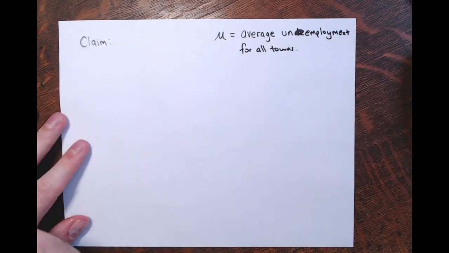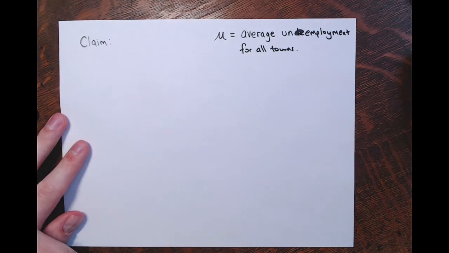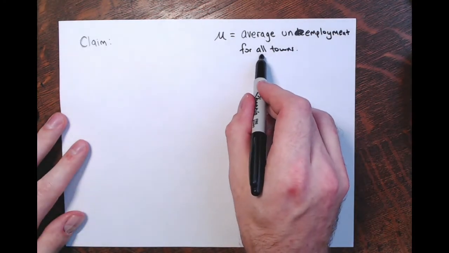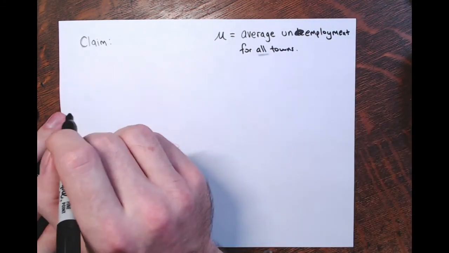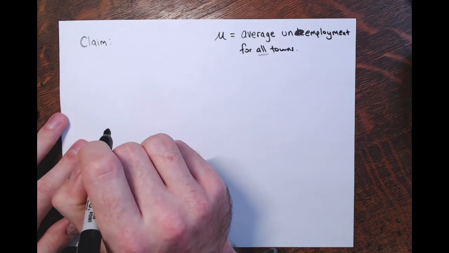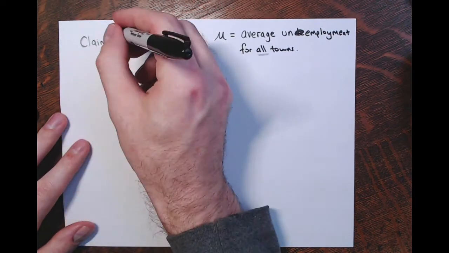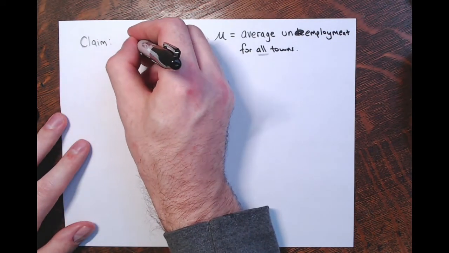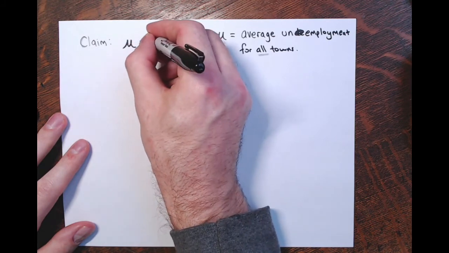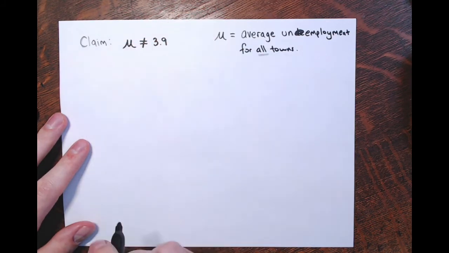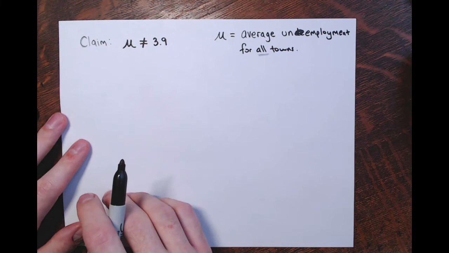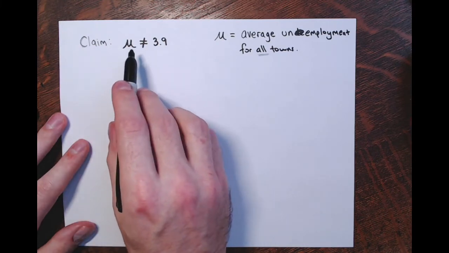Now the claim being made is that the average unemployment rate in smaller towns outside the city, for all of them, is different than 3.9%. So the claim is that mu is different from 3.9. Notice again, this doesn't involve equality.